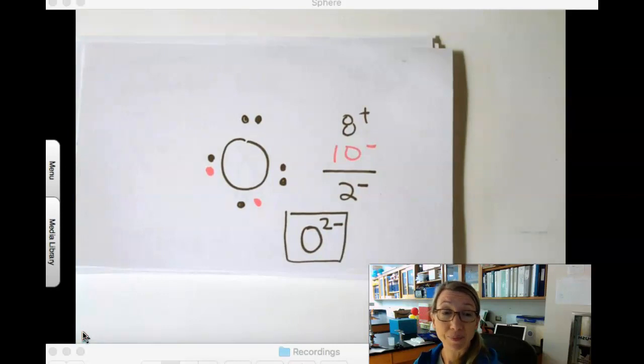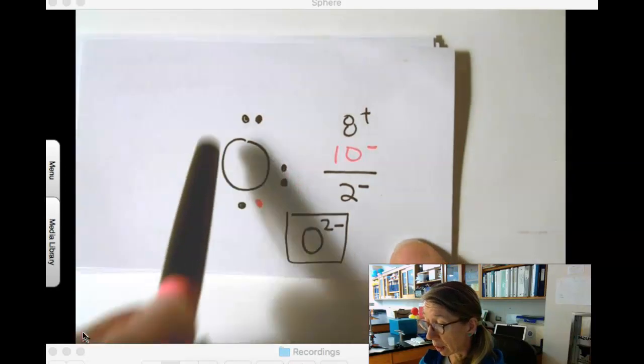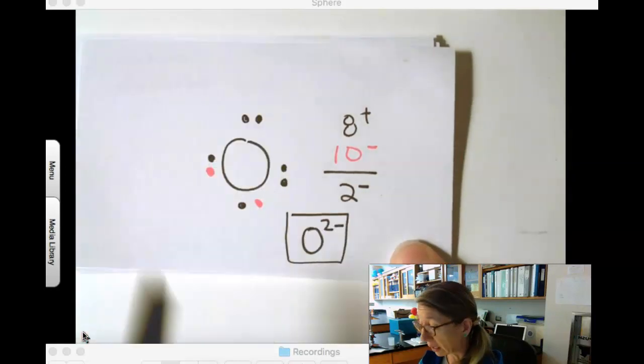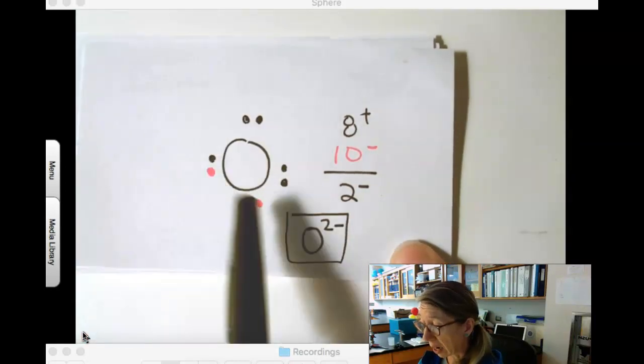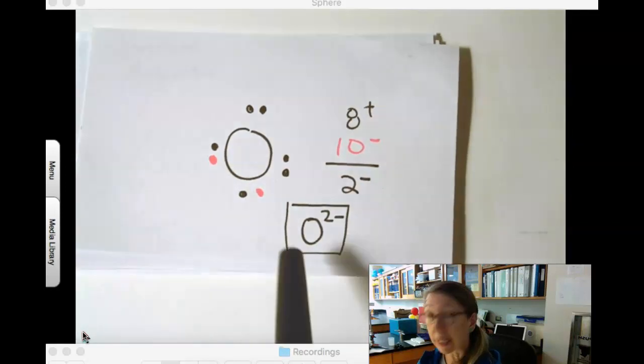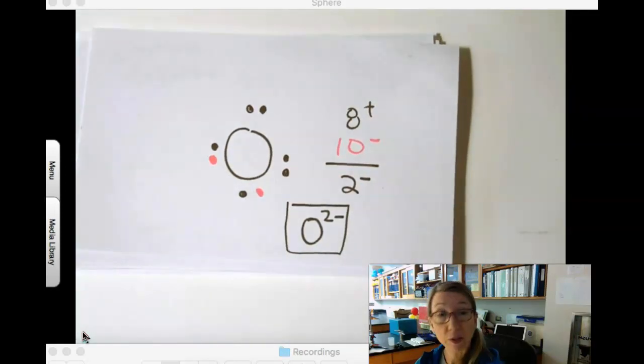Now oxygen, we want to look at oxygen because this is where the understanding of this all started. Oxygen's all around us and it really strips electrons. It steals them away. So oxygen started out with 6 valence electrons, and now it gains 2, it has a -2 charge. This was the first place that this was observed, and so it is called oxidizing.